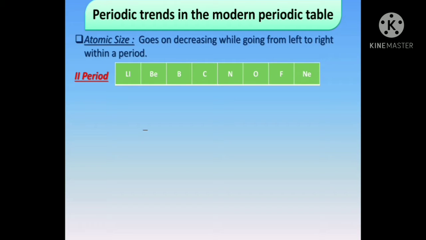Do you recall them? These are the elements in the second period. Now, just have a look at their atoms.